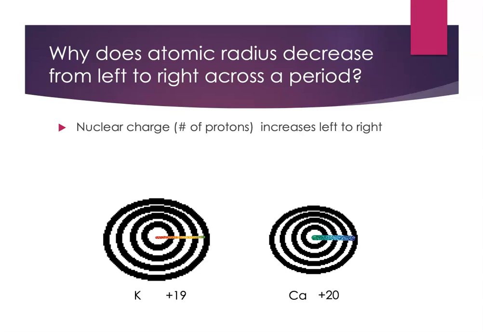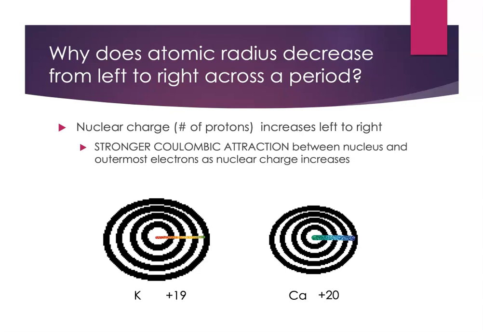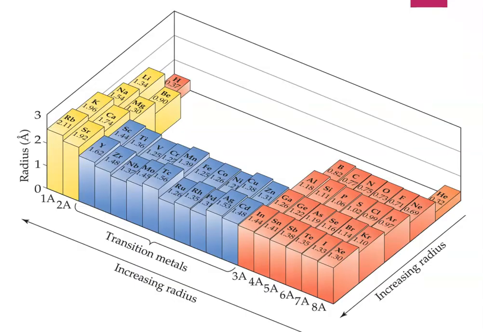There's a stronger Coulombic attraction than the 19 protons have for potassium. So we have a stronger Coulombic attraction between the nucleus and those outermost electrons as the nuclear charge increases. And this is really what you need to say in terms of explaining the period trend for atomic radius. Those outermost electrons are held more tightly, they're pulled in a little bit more, and therefore the radius gets a little smaller.